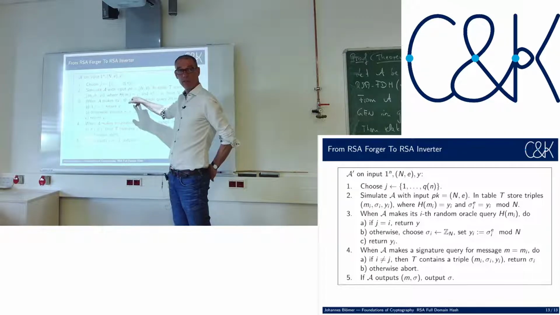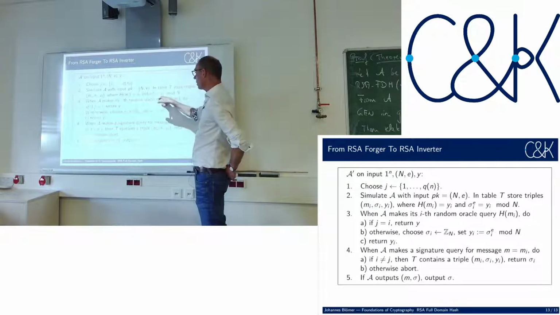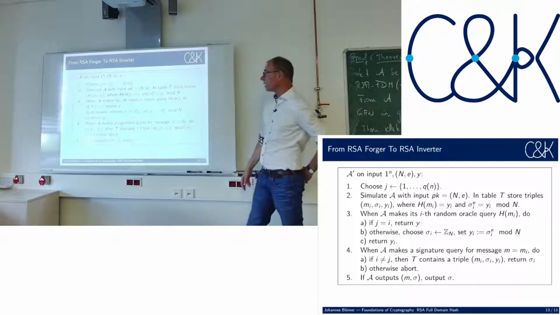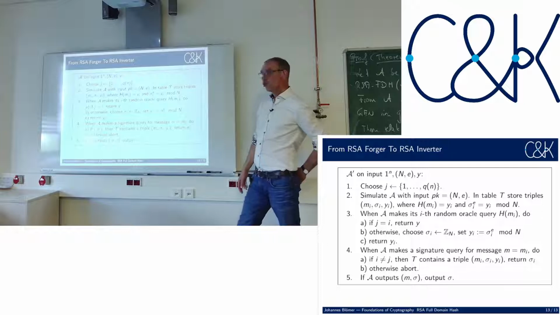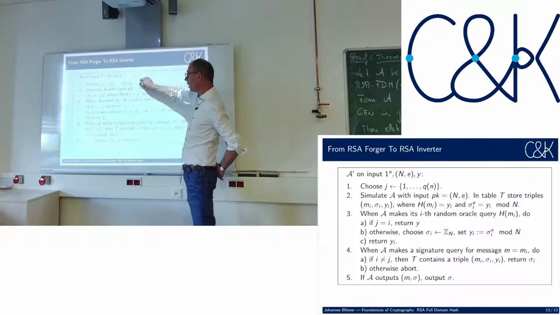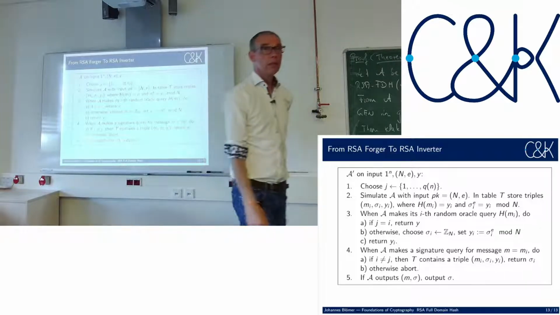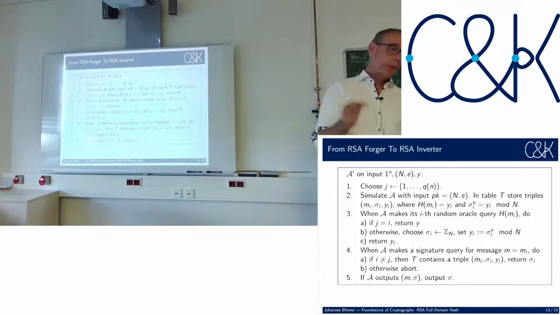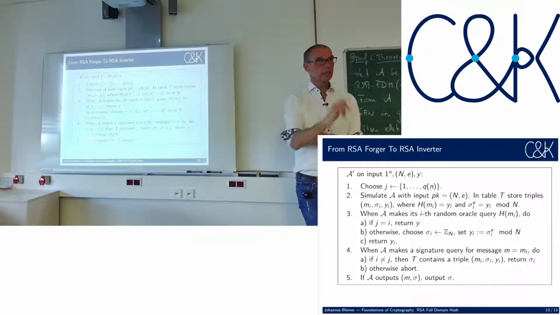This is the information you will get from the random oracle. And we will also have that sigma i to the e is equal to yi. How we do that, we'll see. Before that, we also pick an index j from 1 through q of n. Remember, q is the polynomial that limits the number of queries that A asks.